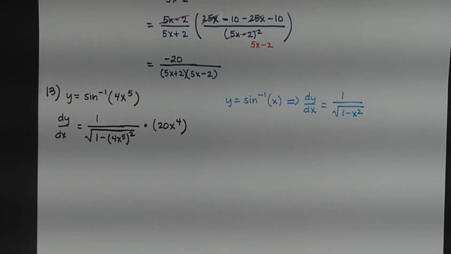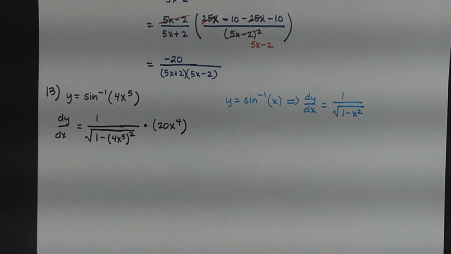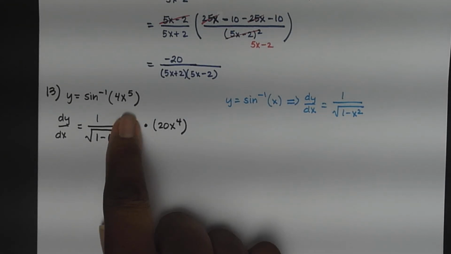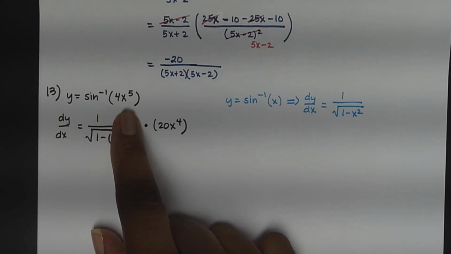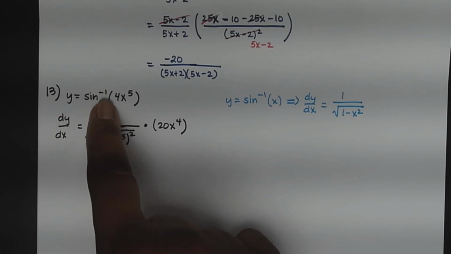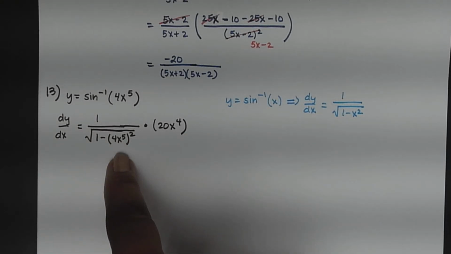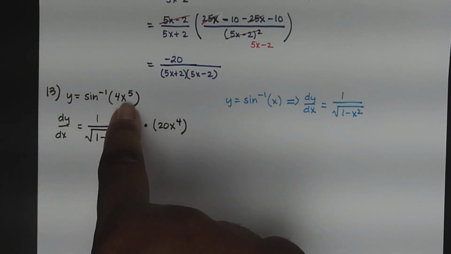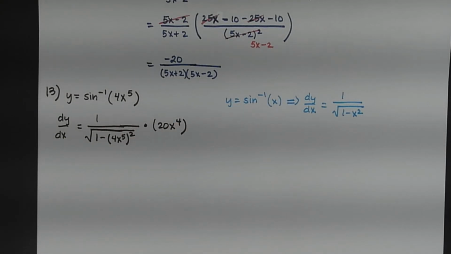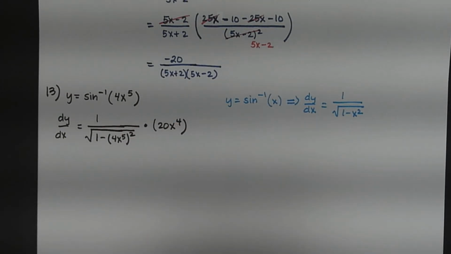I also gave rules when your u is a differentiable function, and here u is a differentiable function, so you have to apply the chain rule here. Because the derivative of the inverse sine would be this, and that 4x to the 5th will have to be squared. Then you have to take your inside derivative, which is 20x to the 4th.